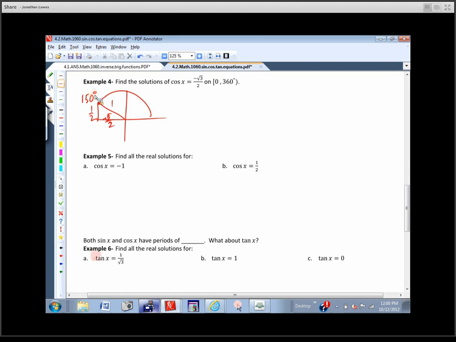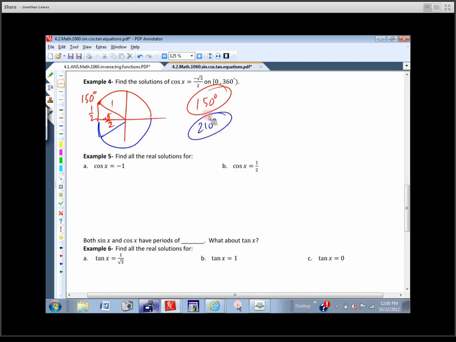Okay? But there's another triangle with exactly the same x-coordinate down below here. So that would look like this. And if this was 150, let's see, how could we figure out the other one? So the first answer is 150 degrees. We know that for a fact. Where is this one? It's at 210. Okay.